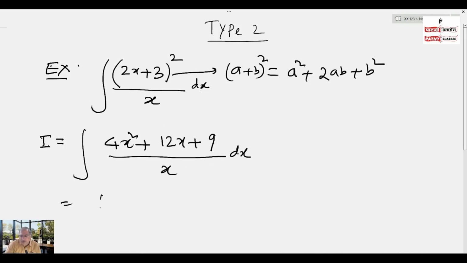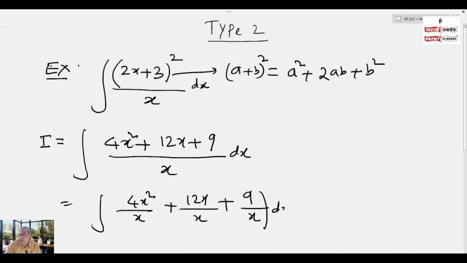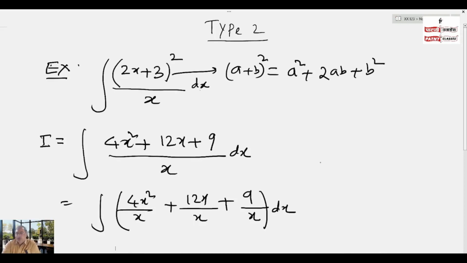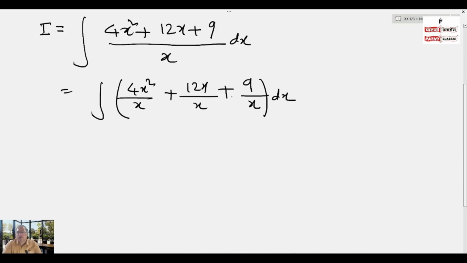Now splitting: 4x square upon x, 12x upon x, plus 9 upon x dx. Now here, if any cuttings are possible, cut them. Here it is possible.